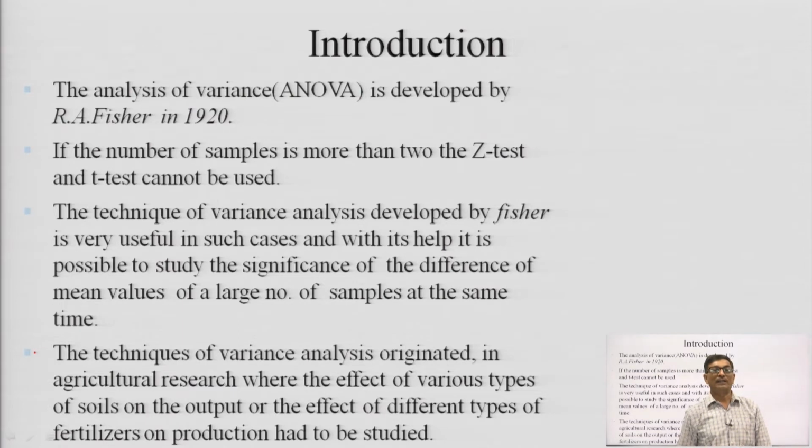The technique originated in agriculture research, where the effect of various types of soils on output, or the effect of different types of fertilizers on production, had to be studied.